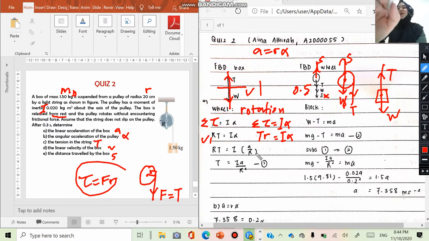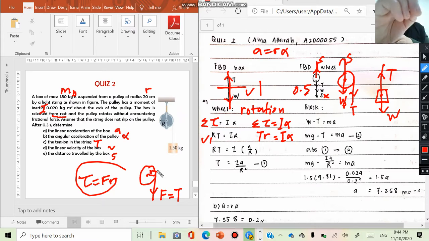And then dia dapat T is equals to this one, which is equation number 1. Kenapa dia dapatkan T sebagai subject of this equation? Kenapa T? Sebab T adalah antara reason ataupun yang mewakili connection between the pulley and the box.